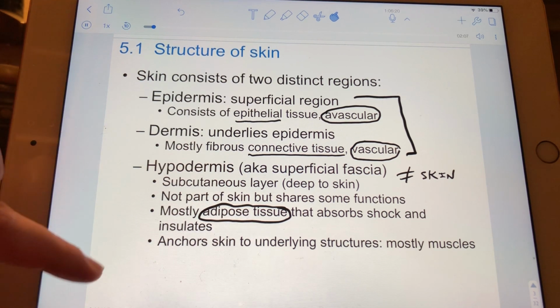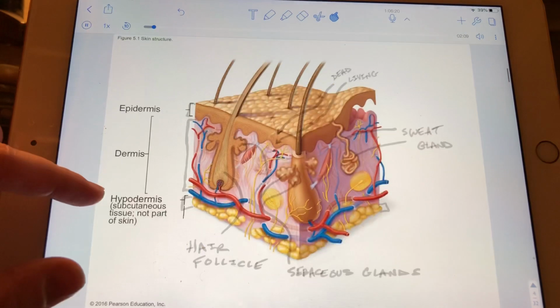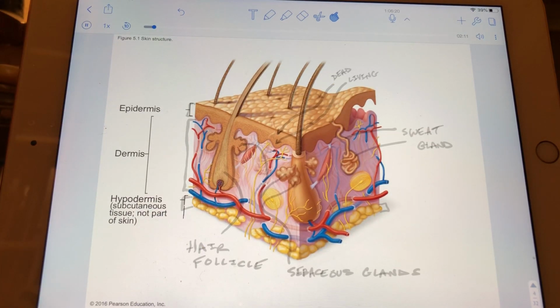I'm on slide 4, and we're going to use this image over and over and over again because it actually provides a lot of detail for us. Here, underlying the skin is that adipose region, that hypodermis, that subcutaneous layer, okay? Here, this pinkie pie region is dermis.